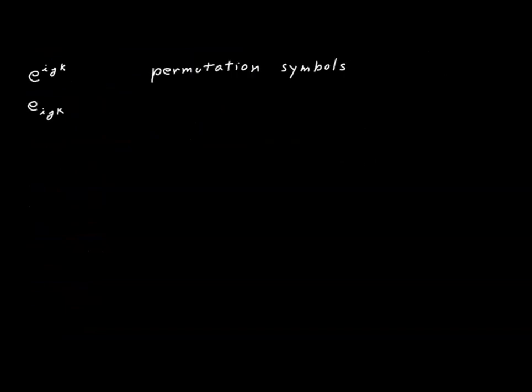Now both of these objects are defined exactly the same way. Number one, they are both skew-symmetric. And the value of our primary position, E123, is equal to 1. Okay, now what does that mean?